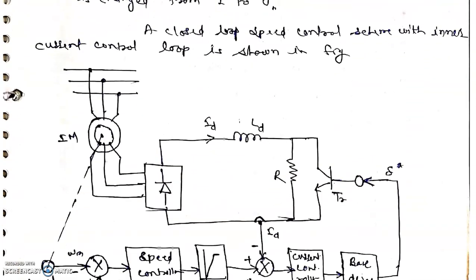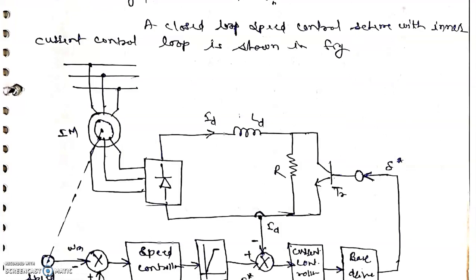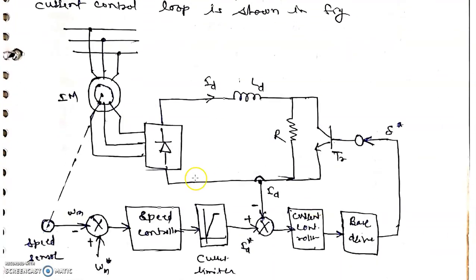A closed loop control scheme with an inner control loop can also be carried out in this. We take the feedback of speed from the speed sensor, and the reference speed gives the error signal to the speed controller, which gives the current limiter and generates a current signal ID.